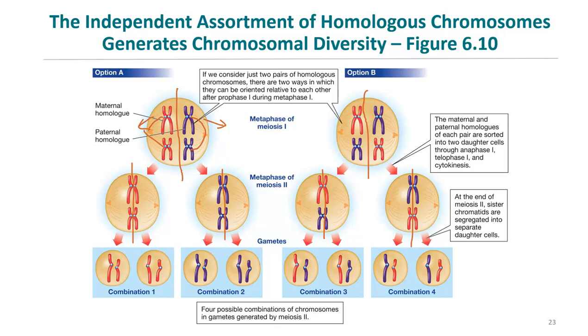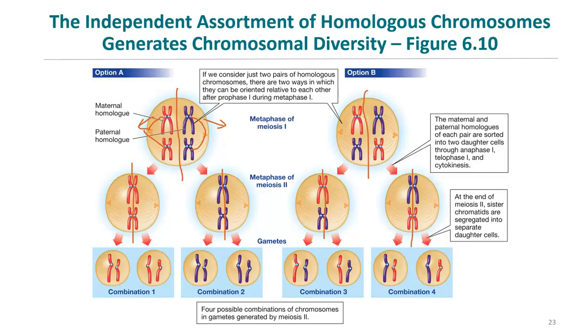So you ever wonder why you look like your grandfather, maybe more so than your grandmother, right? Versus these, which are all maternal and paternal combined together. So there's different possibilities that can happen, and this is what's called independent assortment.